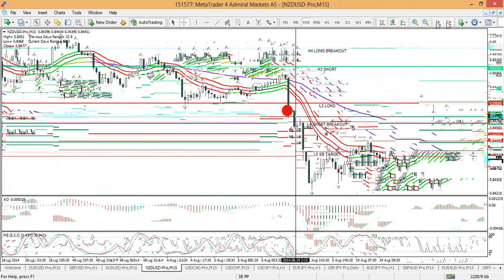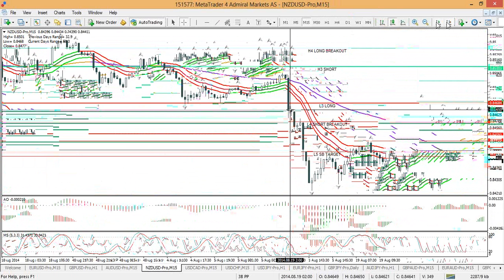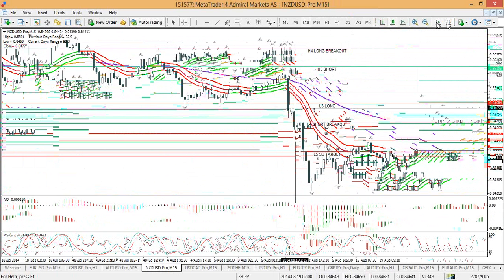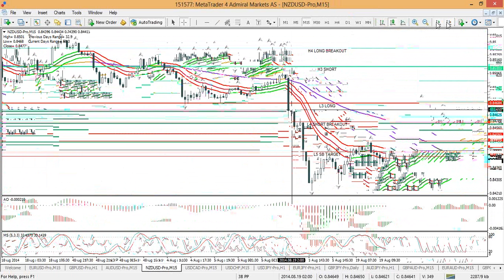Why is that? Because, first of all, it's a pretty big candle size-wise. The candle closes near the low, so there's pretty good momentum in that downside break, especially if you compare it to the smaller size candles prior to that.